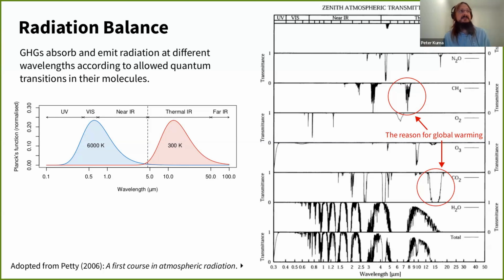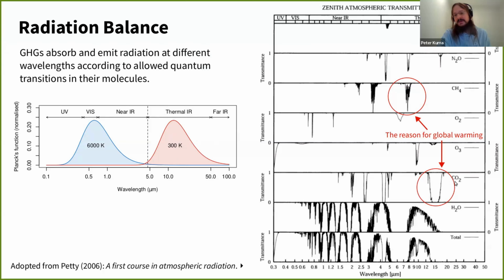Water vapor is pretty stable in the atmosphere because it's very much tied to the temperature of the air. So that's not something we change directly normally, but what we change is carbon dioxide and methane. Carbon dioxide has absorption lines at about 12 or 15 microns of wavelength, which is pretty much in the center of the thermal emission.